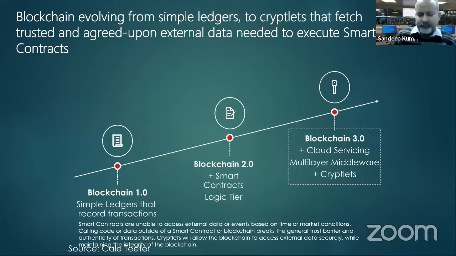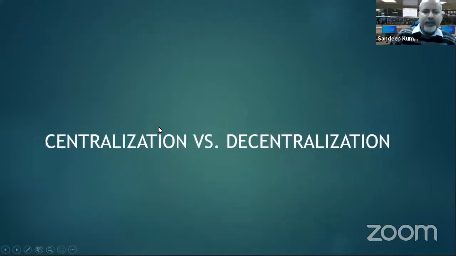Now, what I want to talk about right now is the concept of centralization versus decentralization, and how the consensus process comes in. I already told you about the consensus process in some rough terms, so we'll see that in a more detailed way.